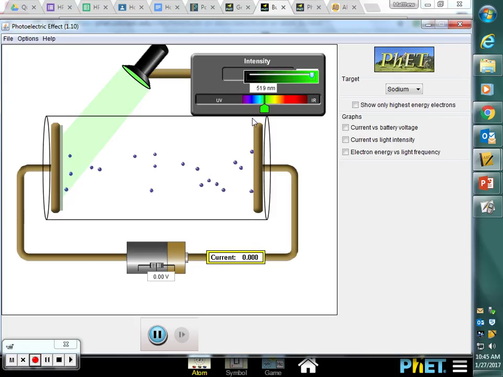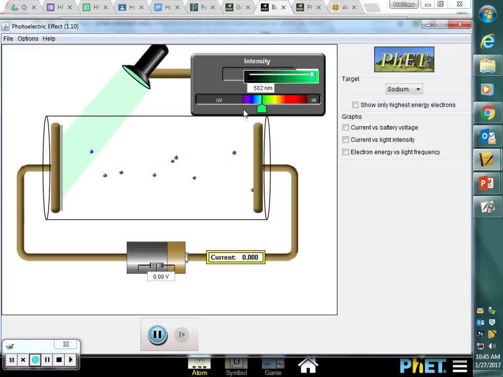Oh, let's go a little bit higher on the... It's a nice color green, isn't it? Even though the current says 0 down there at the bottom, we still have a small number of electrons coming out, but definitely less than with the blue.